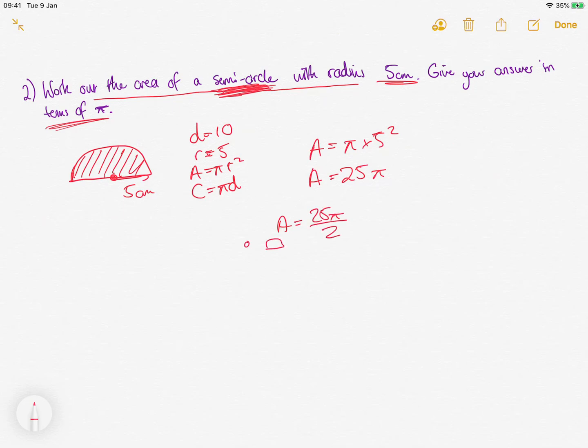So 25, that looks a bit like a 6 but it is a 5, over 2. 25 divided by 2 is 12.5 pi. There's your final answer.